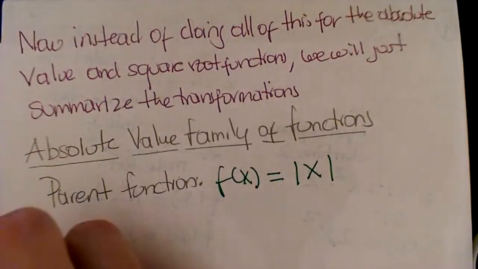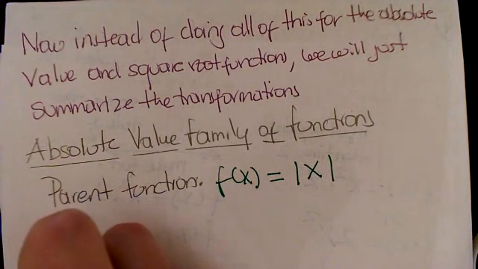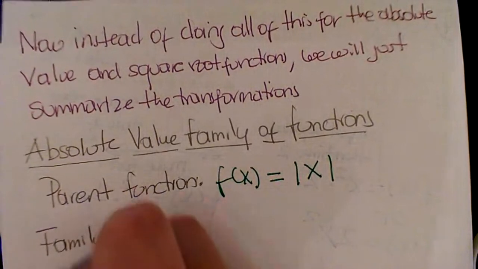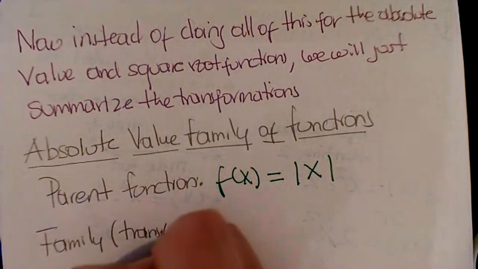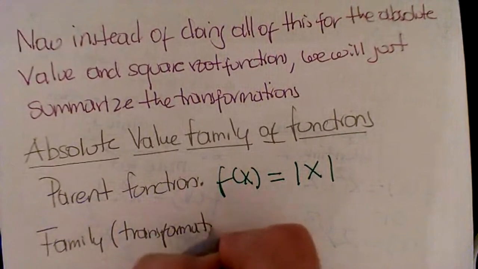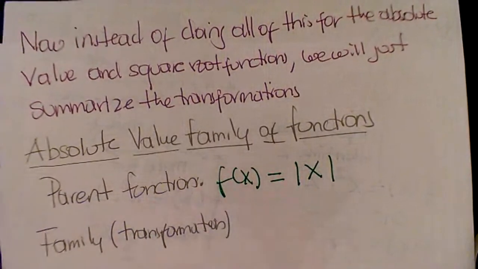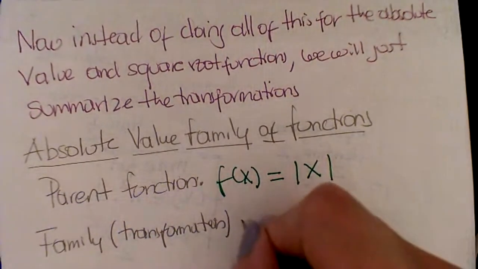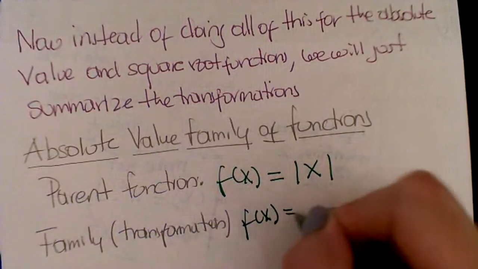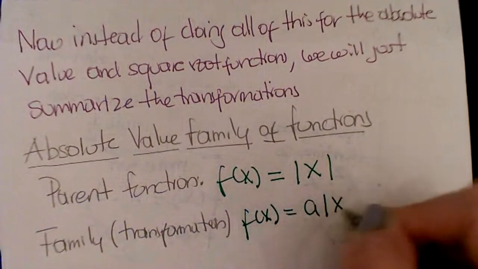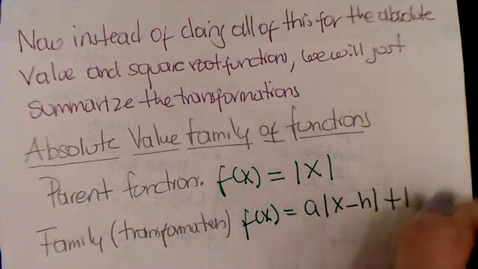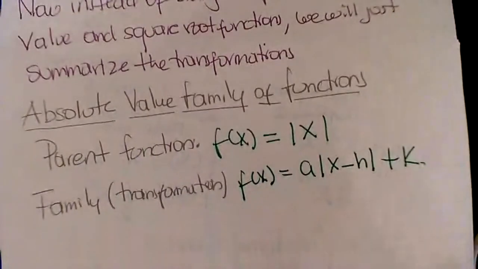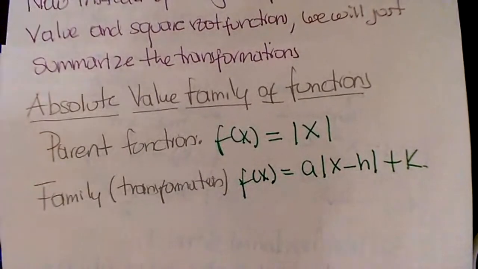And the family transformation is going to be f of x equal to a times the absolute value of x minus h plus k. Okay, that's for absolute value.